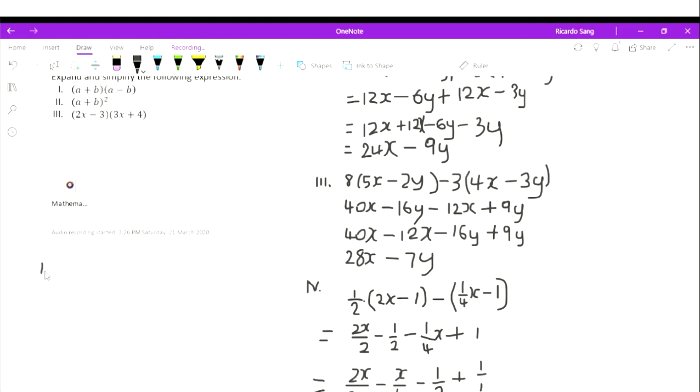Let's call this I. So this is open bracket A plus B close bracket A minus B.